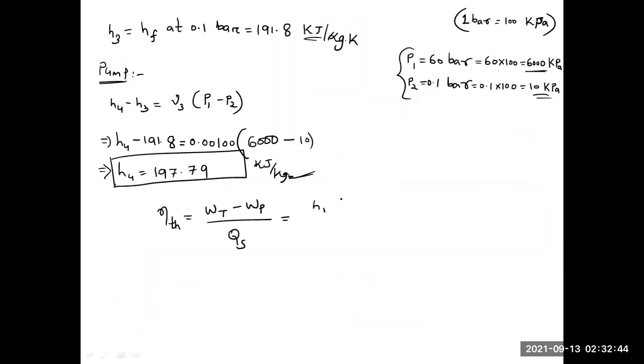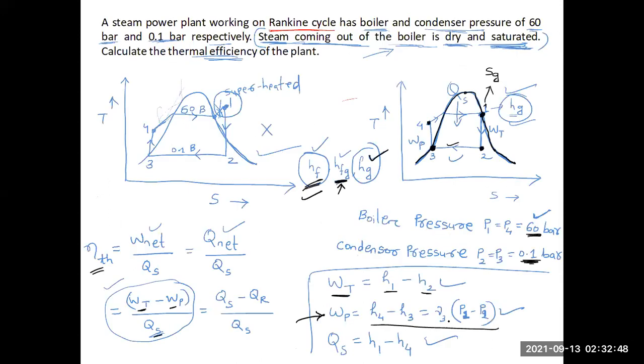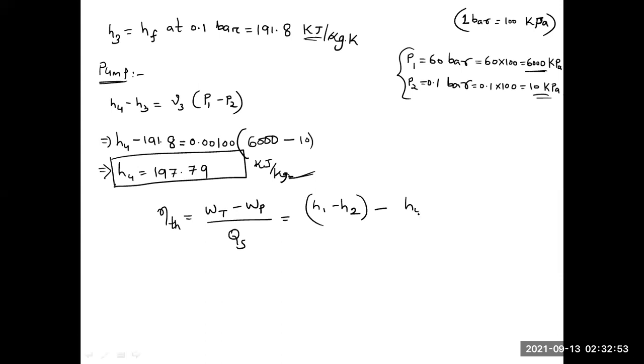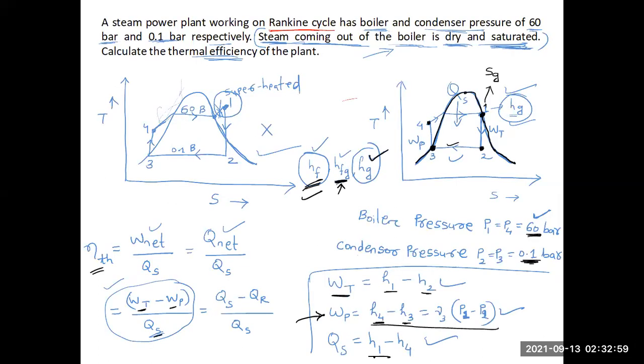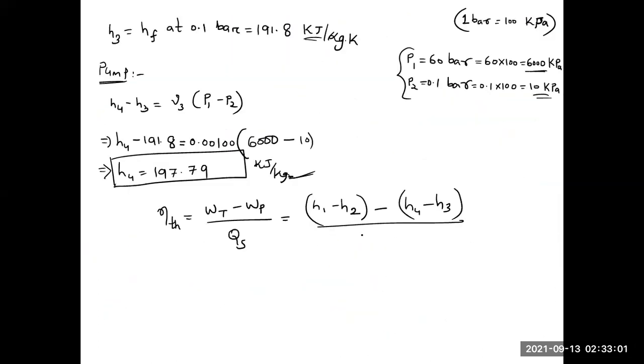What is WP? WP is H4 minus H3. And QS is H1 minus H4. Now you can see all these values we have already calculated.